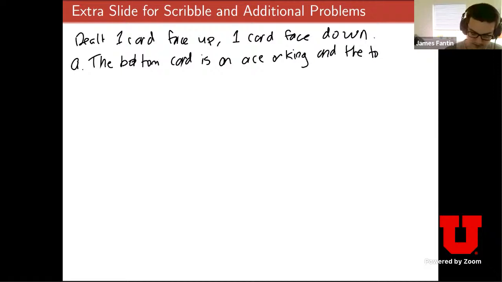And so we want to find the probability that the bottom card is an ace or a king, and the top card is red. So how can we start this type of problem?